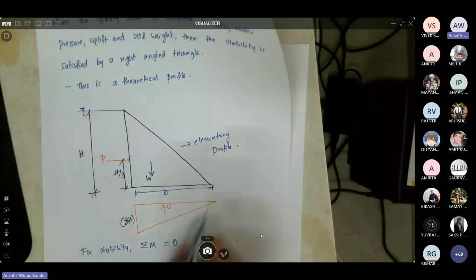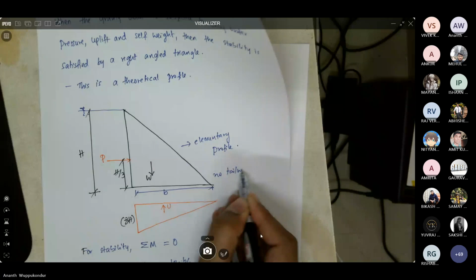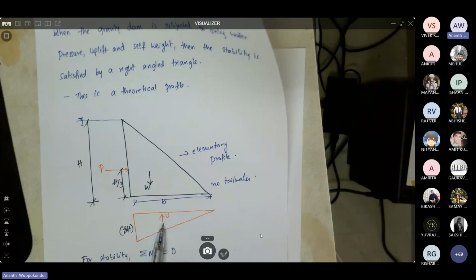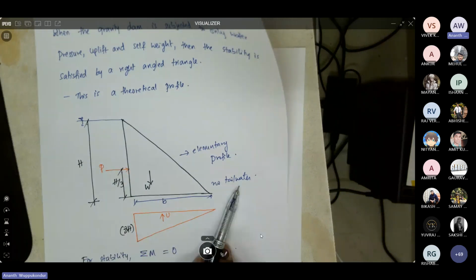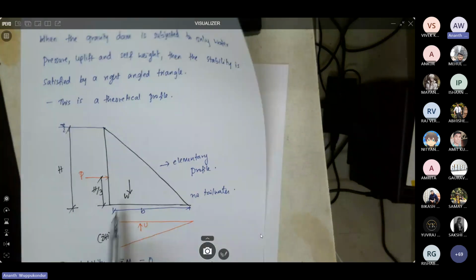Here we are not considering any tailwater, so there is no tailwater. You simply have the upstream hydrostatic force and the uplift force. Because there is no tailwater, the uplift force on the downstream side is zero. You have some uplift pressure on the upstream, and you have the self weight of the dam.